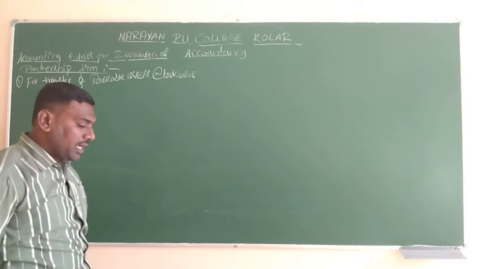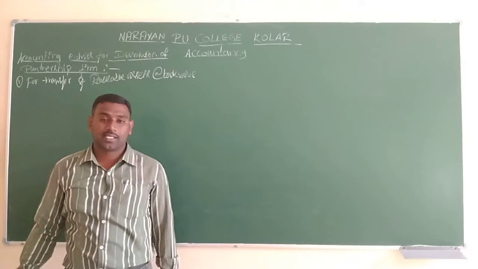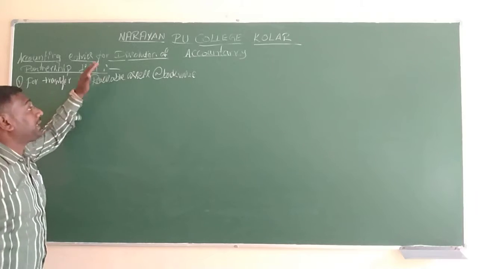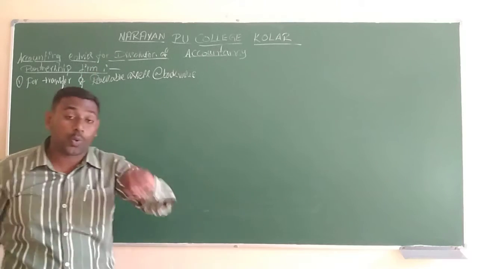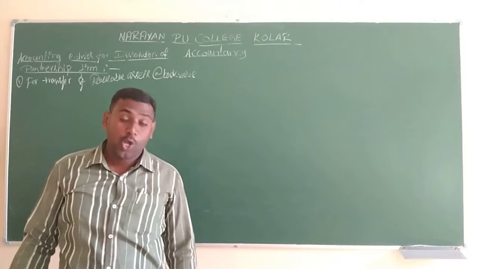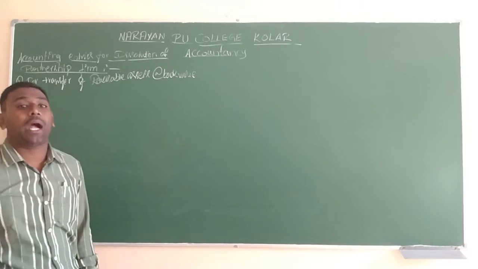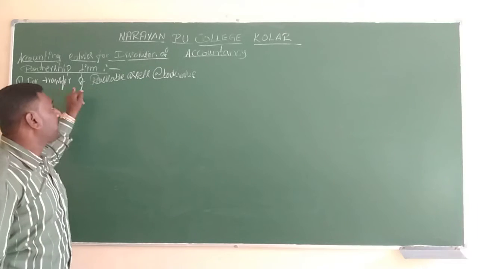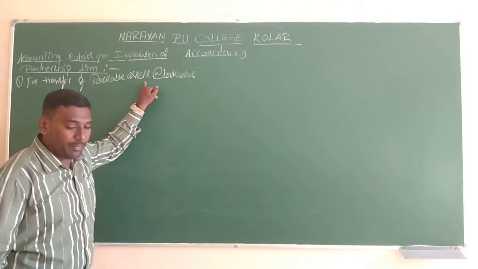For transfer of realizable assets at book value. If the assets are transferable at book value during the dissolution of partnership firm, how do we write the journal entry for this sentence? For transfer of realizable assets.